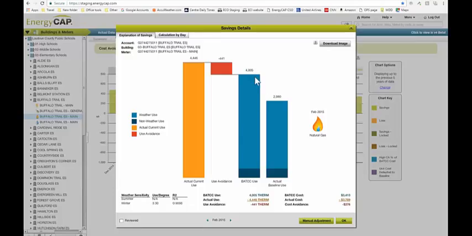That's why the adjustment went up. Even with the adjustment going up, we still had a loss. In other words, we used a lot more than the weather model would have predicted we should have used given the severity of the weather.